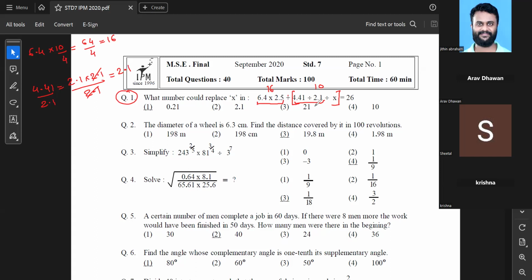So in short, the division of this is 2.1. So ultimately, I know that 2.1 divided by x is equal to 10. Now I'm supposed to find x. I take x to the other side and 10 over here. So x will be equal to 2.1 divided by 10, which gives 0.21. Hence x's value is 0.21.